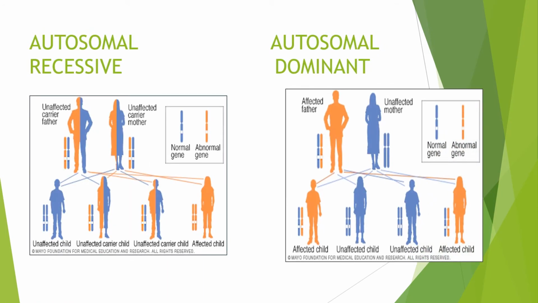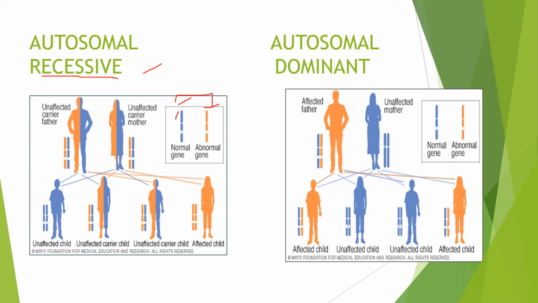In an autosomal recessive disorder, you can see in this case one chromosome is abnormal and the other chromosome is normal. That means one chromosome is carrying the abnormal gene and the other chromosome is normal. For an autosomal recessive disease to appear in an individual, both the chromosomes should carry the abnormal gene.